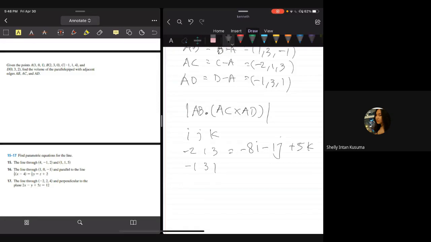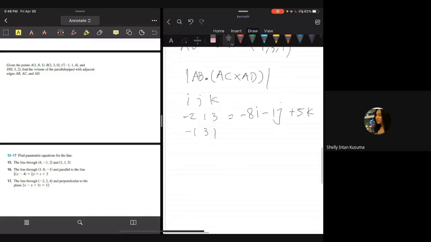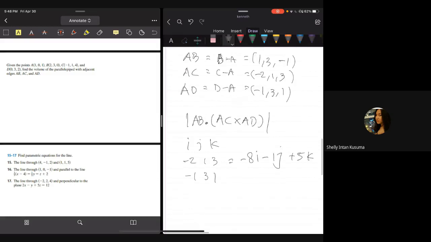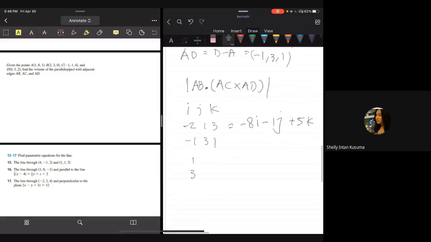Okay, and then we can just dot it with the AB. So 1, 3, minus 1, and minus 8, minus 1.